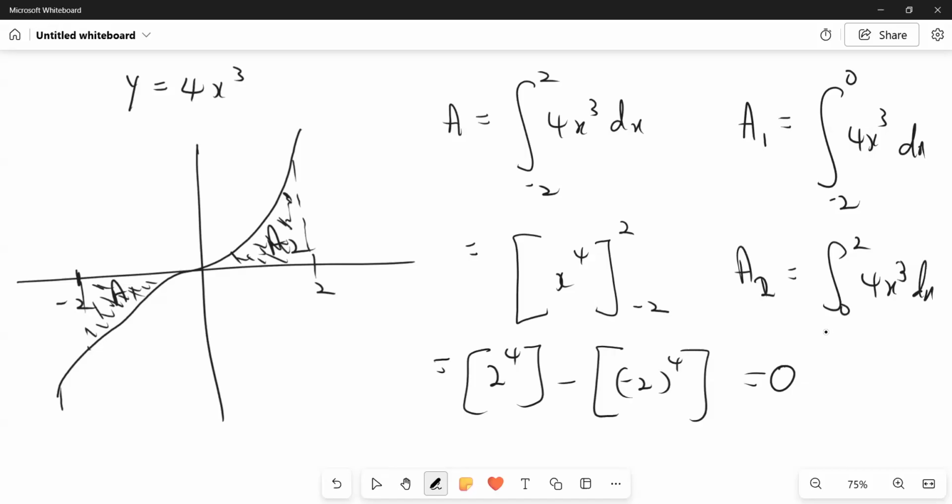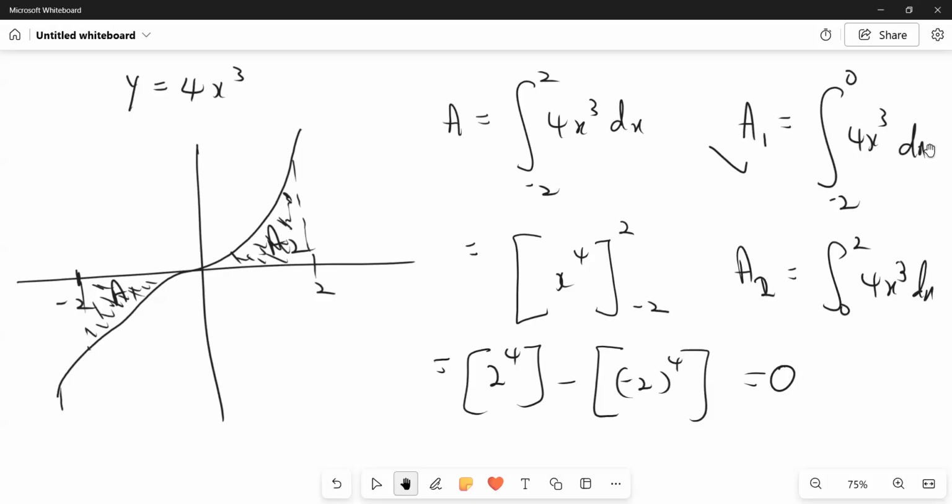You might find that this one is a negative answer. But you know that area can't be negative. Area is positive, so you will use the positive value. These two are identical, so you can even find this and double it, since the two parts of the graph are symmetrical.